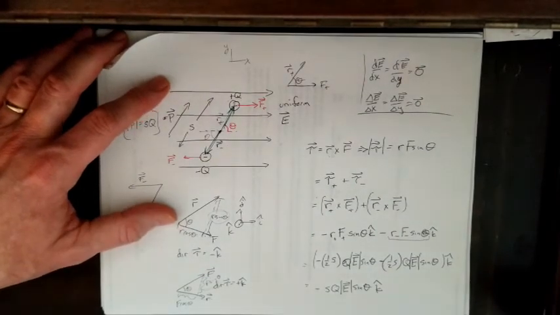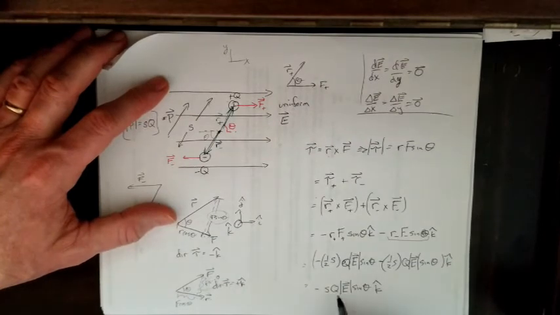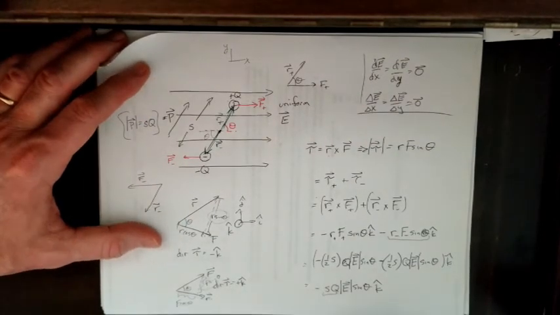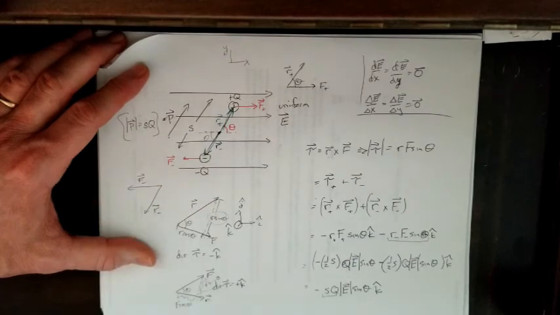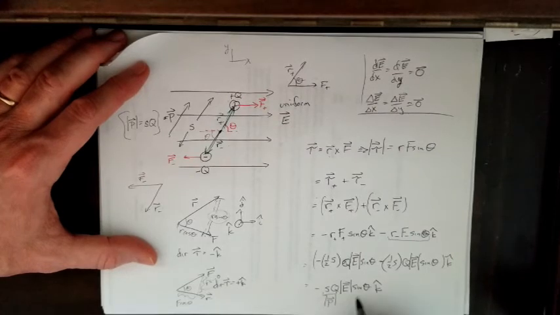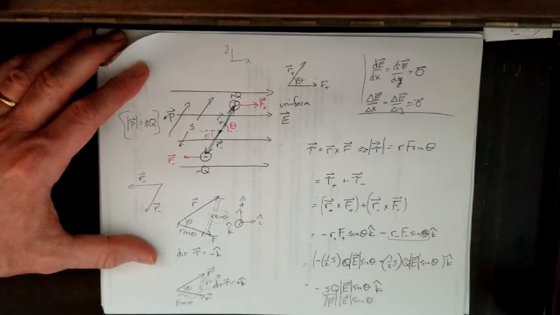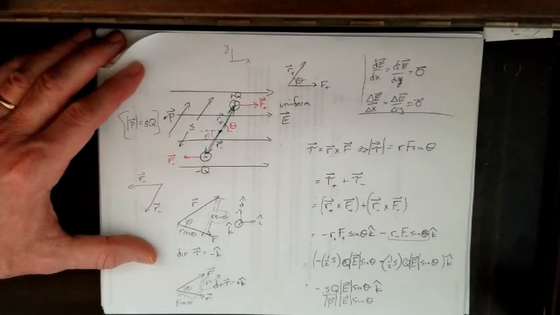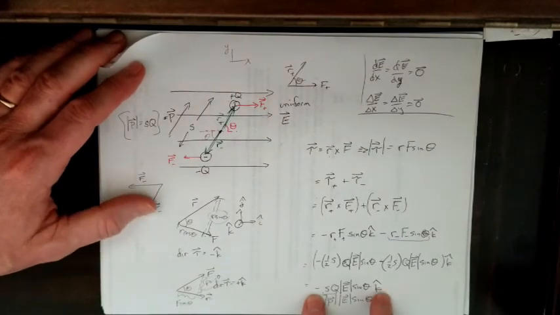Now think about this. We can simplify this just a little bit. I know s Q is the magnitude of my electric dipole moment. And so this is the magnitude of my electric dipole moment times the magnitude of my electric field times the sine of theta. That's just a cross product. So the question is, is it P cross E or E cross P? Well, I know it's going to be in the negative k direction.